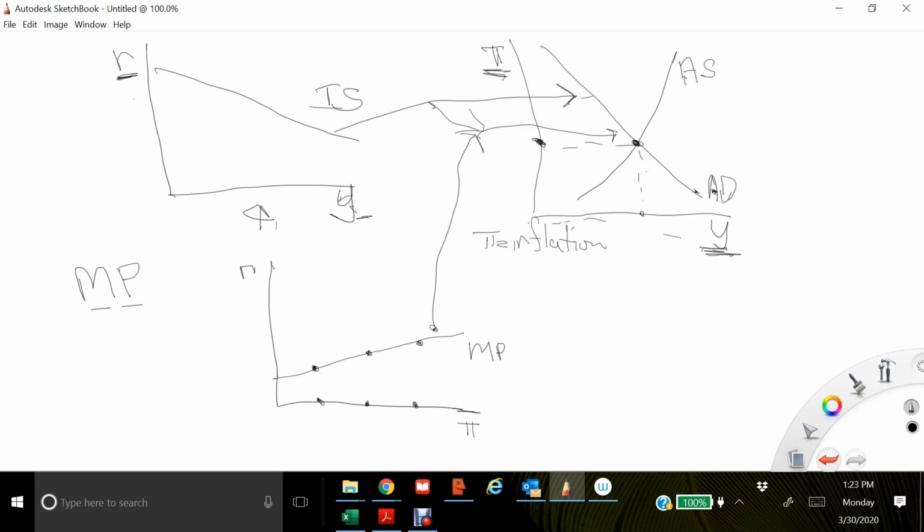First, let's see what's behind this monetary policy curve.